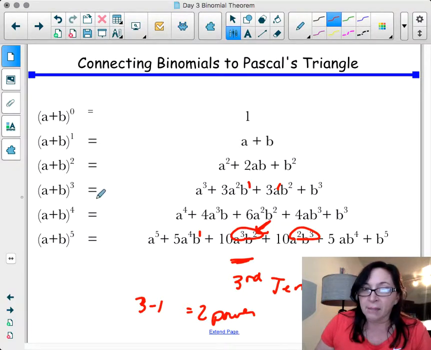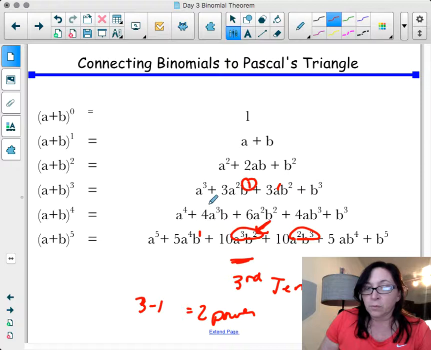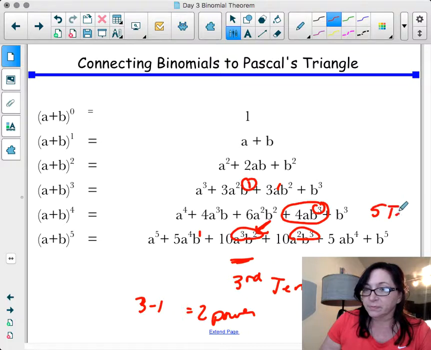Likewise, if I'm on the fourth term, 1, 2, 3, 4, the fourth term in would be 4 minus 1 power with this 3. And fourth power gives me 1, 2, 3, 4, 5 terms. A third power gives me 4 terms, etc.